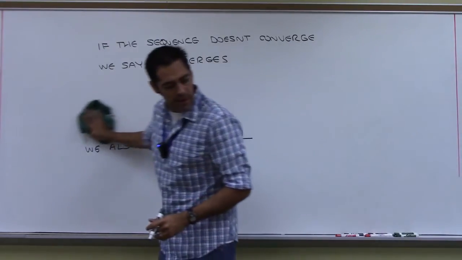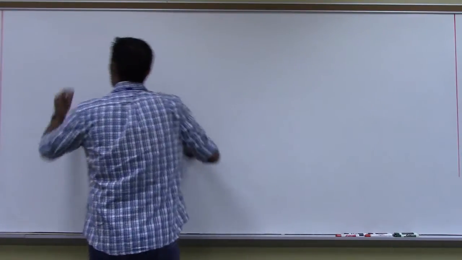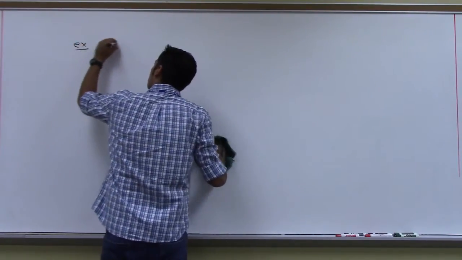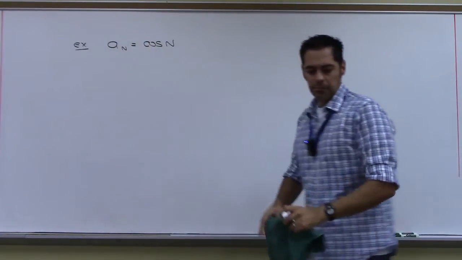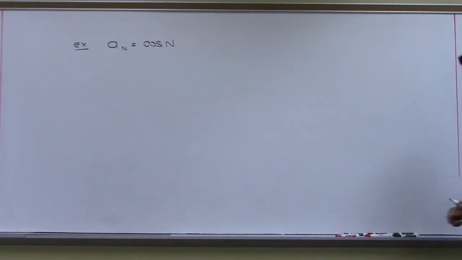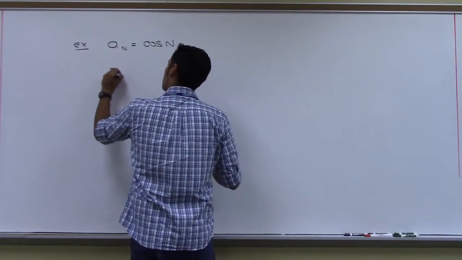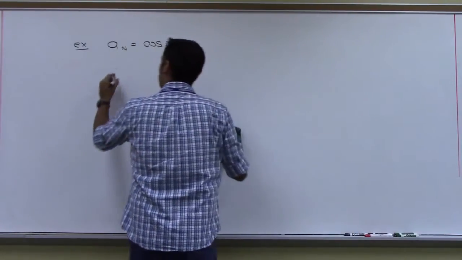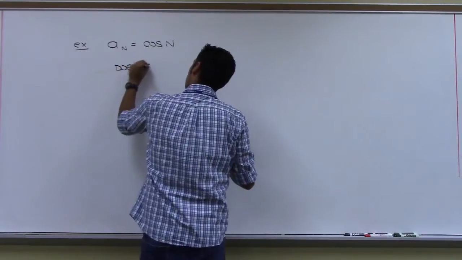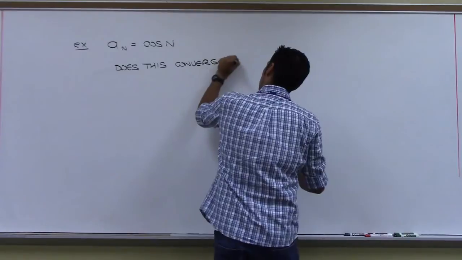So let's take a look now at another example. The sequence, I'm going to define it to be cosine n. I'm going to ask the question, does this converge or diverge?